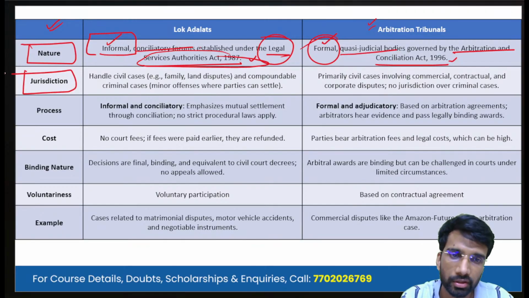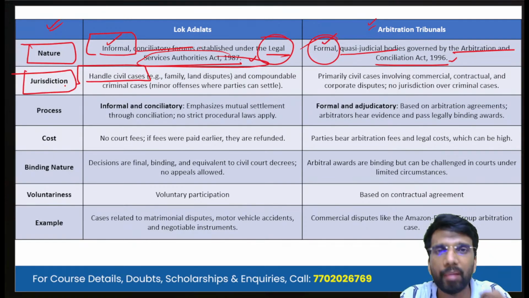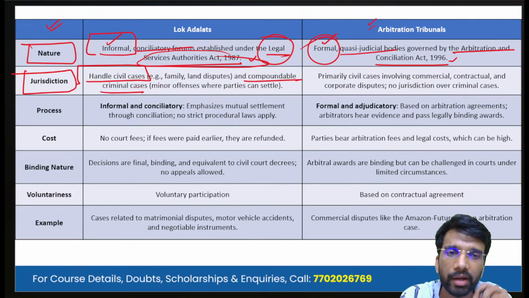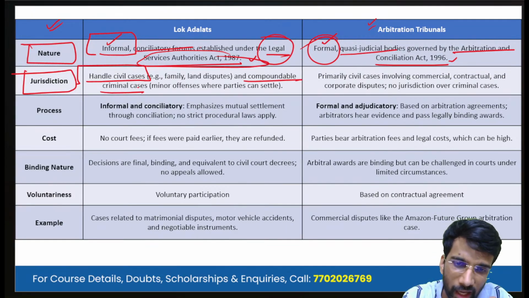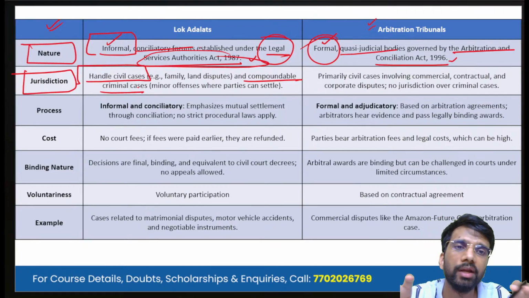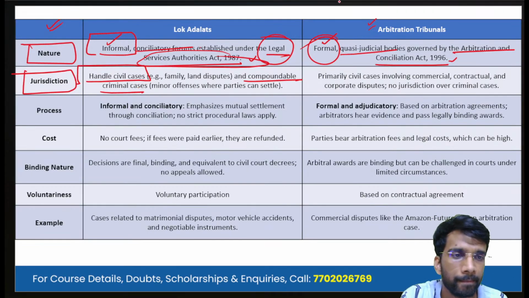Then the jurisdiction. The jurisdiction of Lok Adalat is that it handles civil cases. The civil cases are cases such as family disputes, land disputes, etc. And compoundable criminal cases like minor offenses, where the parties can reach a settlement. Compoundable offenses are those offenses in which the parties can settle and make an arrangement.